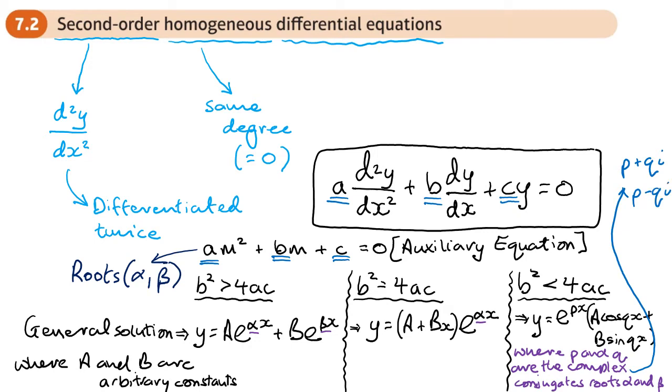So I should have said that p and q are the real and imaginary parts. Let's correct that: they're not the roots, they are the real and imaginary parts of the complex conjugate roots of alpha and beta. That's more like it.